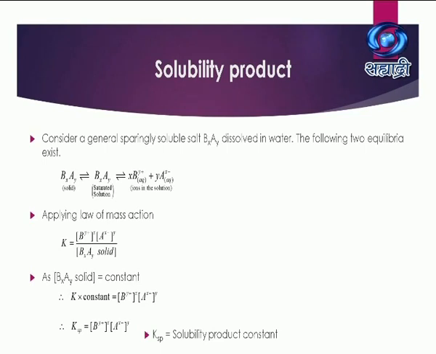Now the active mass of BxAy solid is a constant. So K into constant is equal to Ksp, which is equal to the active mass of B^(y+) raised to x into the active mass of A^(x-) raised to y, where Ksp is called the solubility product constant.